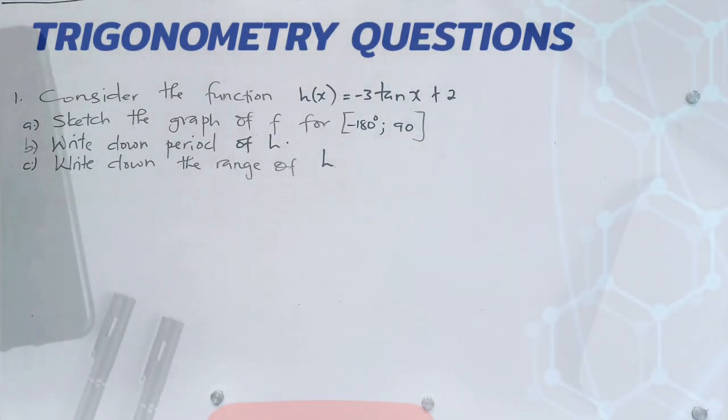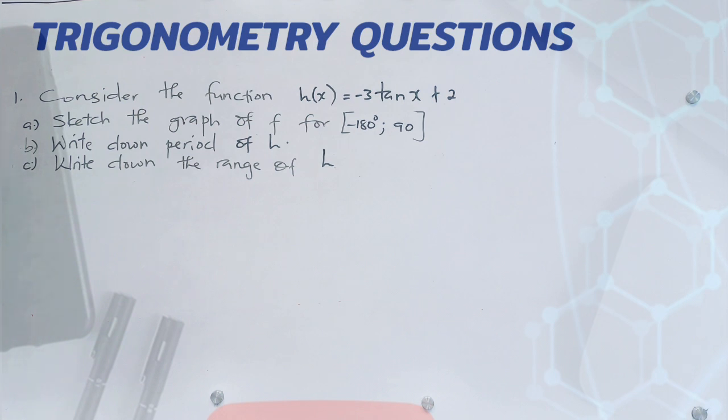Consider the function h of x is equal to negative tan x plus 2. Sketch the graph of h, write down the period, and write down the range of h. So in this case, we want to sketch the graph of negative tan x plus 2.